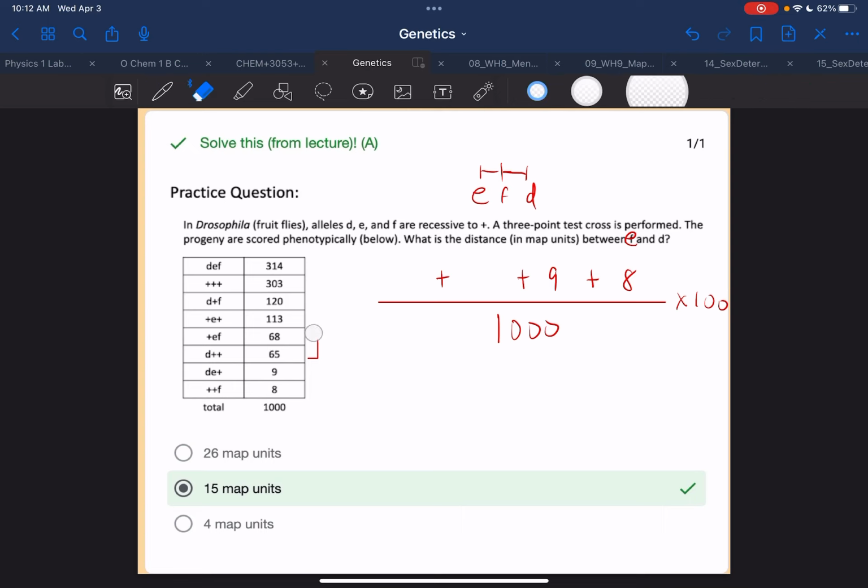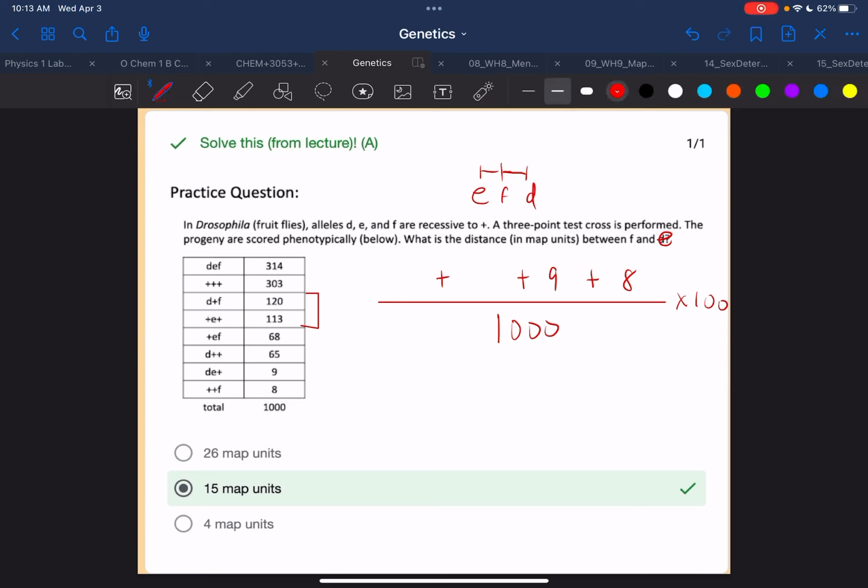However, we're going to use these two as our single crossover numbers, because F is in the middle and we're looking at the levels of dominance or recessiveness between E and F. E is recessive here, and F is dominant here. And E is dominant here, but F is recessive there. So you know that between these two, their levels of dominance are different.